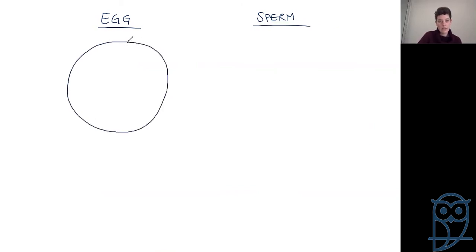Let's try get a little bit of a size difference, but of course it's very difficult to do that given the space available and the idea that you still need to see what I'm drawing, because we have a massive difference in size between the egg and the sperm.